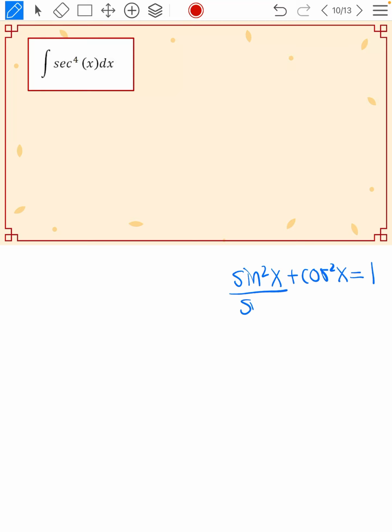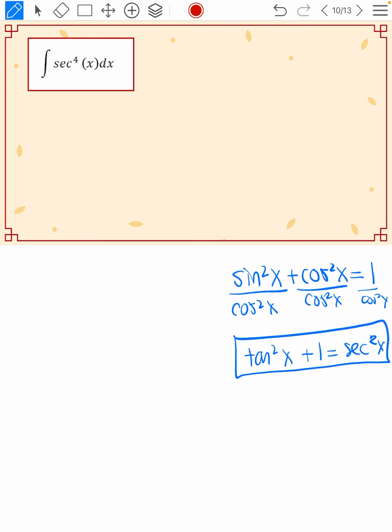And if I divide everything by sine squared x, oops, that's not going to help me because that's going to get me cosecant. So I'm going to divide everything by cosine squared x, and that will get me tangent squared x plus 1 equals secant squared x. There we go, that's what I'm looking for.